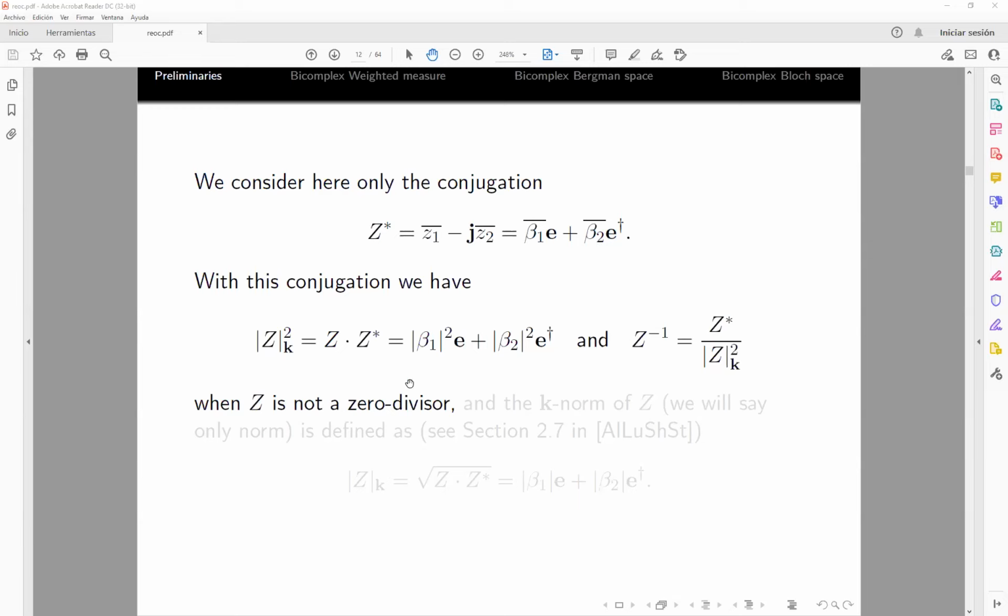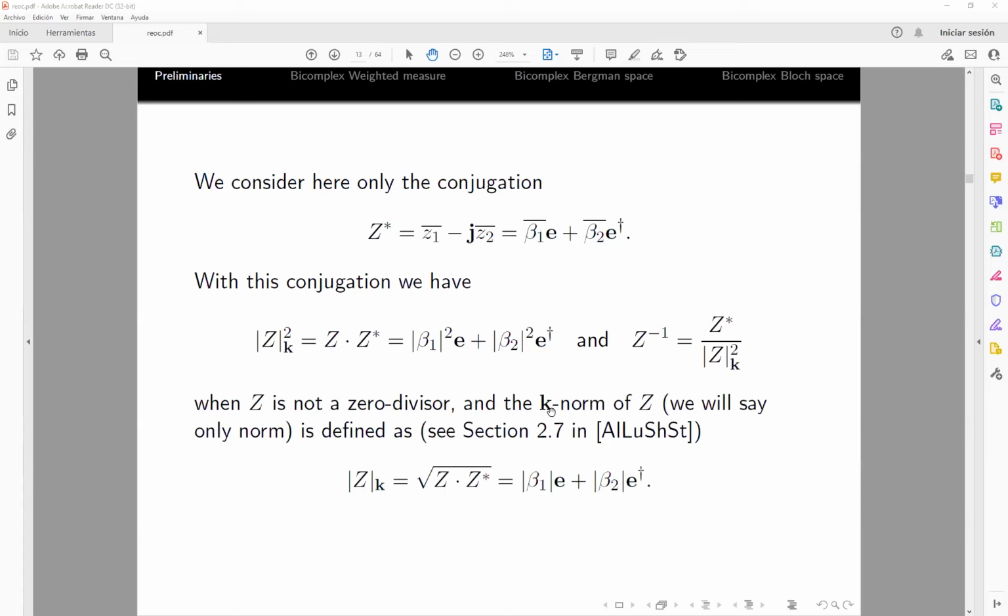With this conjugation, in particular, the product z times z star is given in this form: the modulus of the complex number beta 1 squared times e plus the modulus of beta 2 squared times e dagger. And the inverse of z can be written in this form, of course when z is not a zero divisor.